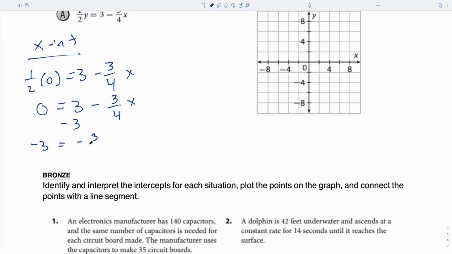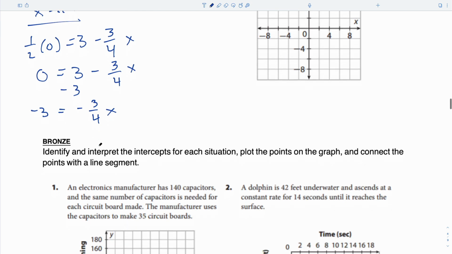You have a fraction next to your X value. I want to get rid of that fraction. How do I do it? Flip it, so it'd be 4 thirds. Yes, take the reciprocal. Negative 3/4 becomes negative 4/3. Multiply it on both sides.